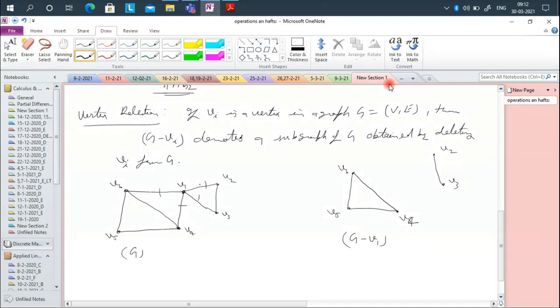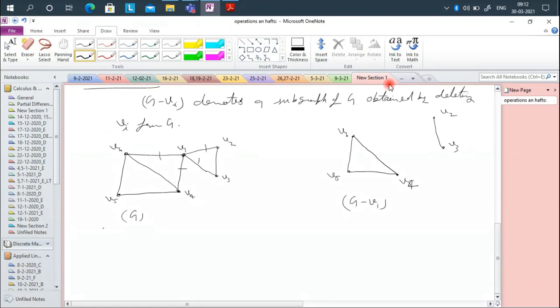Okay. Same way, edge deletion. Whenever we delete an edge, how do we delete the edge? Edge deletion.